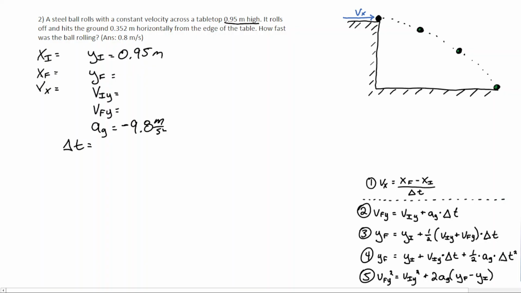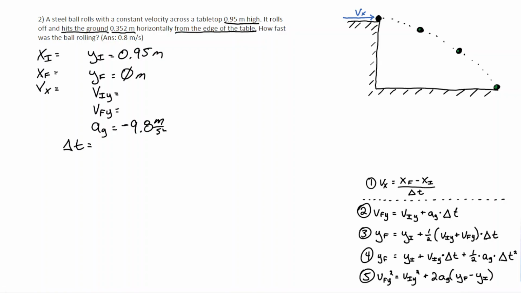And being that it's going to be hitting the ground, what does that tell you about the final height? And it's going to be 0.352 meters horizontally from the edge of the table. What do you think that's telling us?